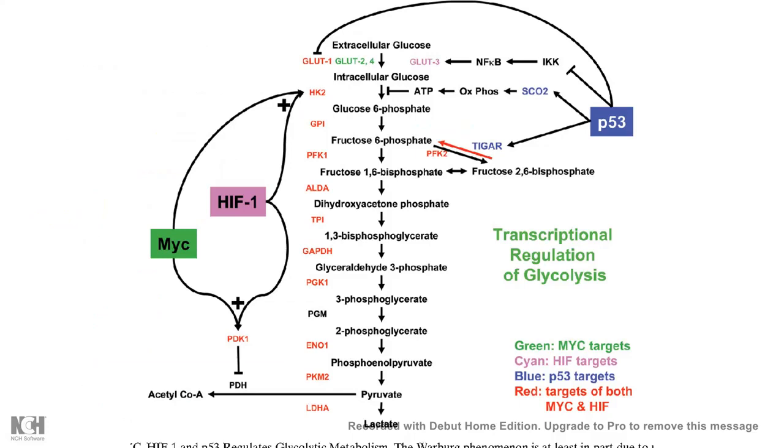For example, hypoxia inducible factor or HIF1 is a transcription factor which is activated when there is a hypoxic situation or lack of oxygen. This controls 9 glycolytic enzymes out of the 10 glycolytic enzymes and thereby regulates the process of glycolysis. So not only is there enzymatic control, there is also transcriptional control on the pathway of glycolysis.